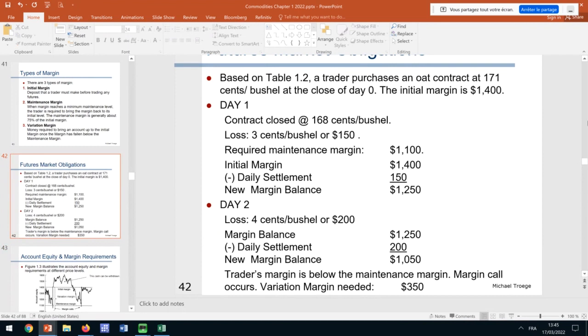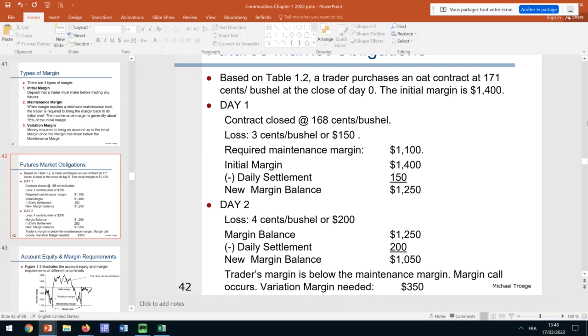Okay, so we have an oat contract now. I think it's also for 5,000 bushels. One tick in the oat contract is the same construction as the wheat contract.